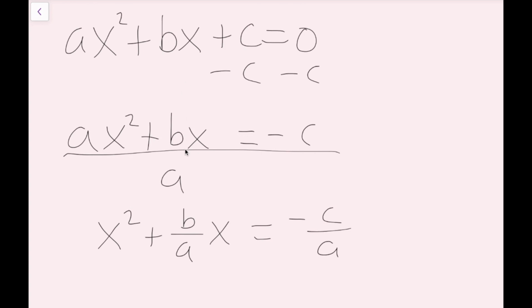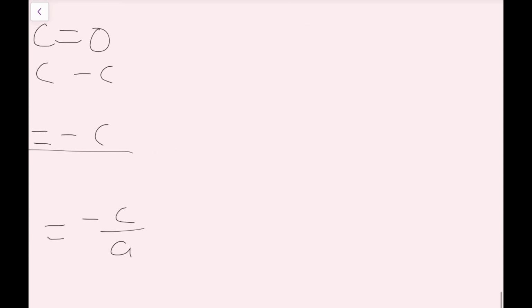So the way we do that is we take the coefficient of the x term here, which is b over a, then we divide it by 2, and then we square that. So I'm going to move over here. If we had b over a as our coefficient, we need to divide that by 2. But if you remember, dividing by 2 and multiplying by 1/2 is the same thing.